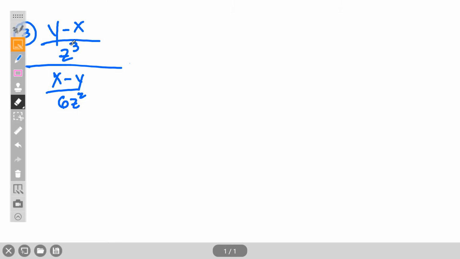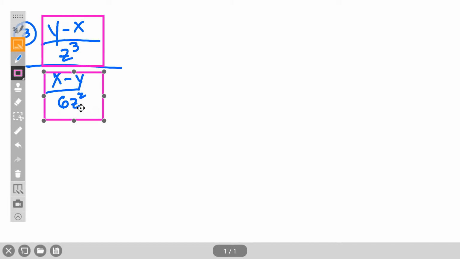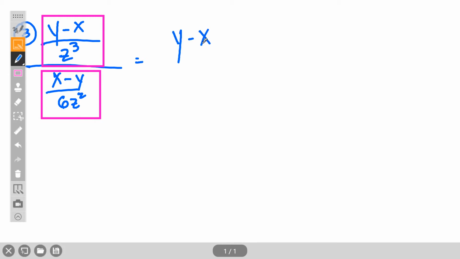But when you read it, this line right here means divided by this. Okay, so if I rewrite it as a division problem, it's y minus x over z cubed divided by x minus y over 6z squared. And that's what I'm looking at here.